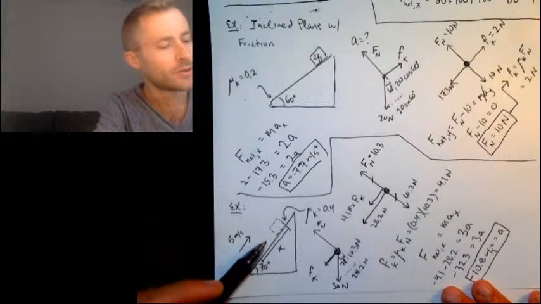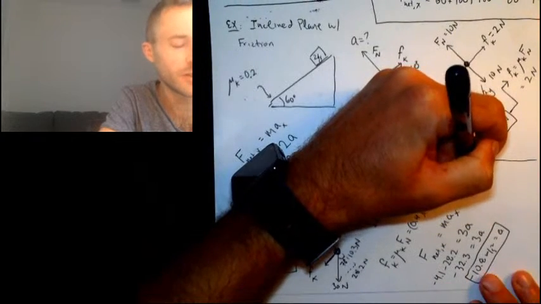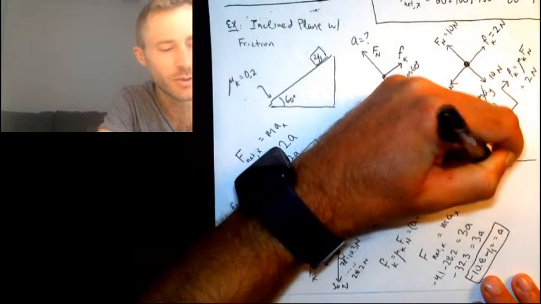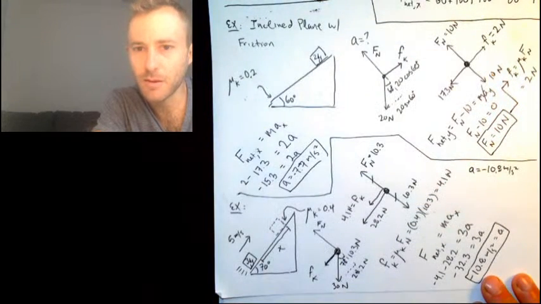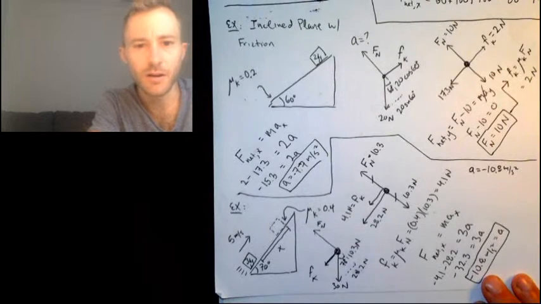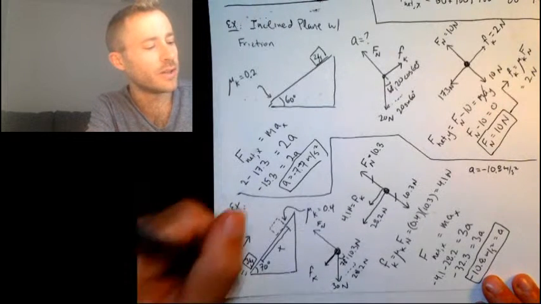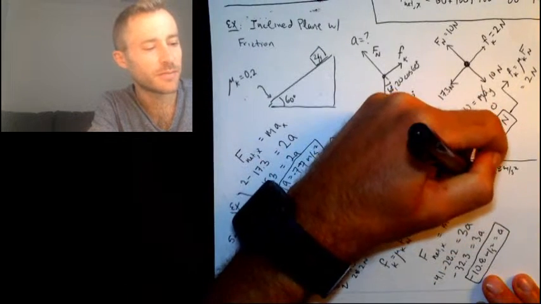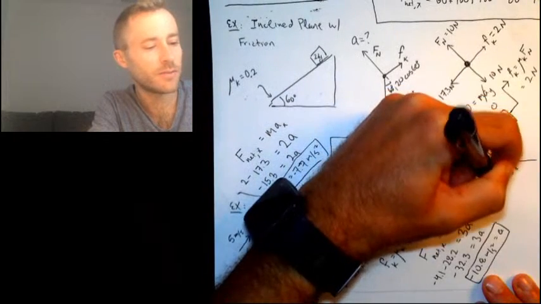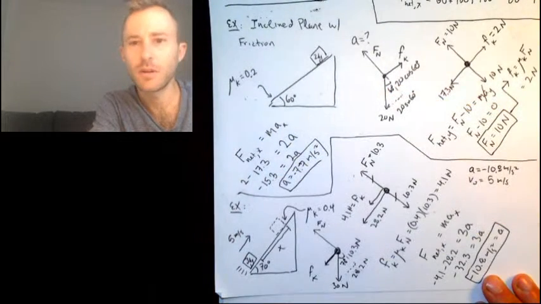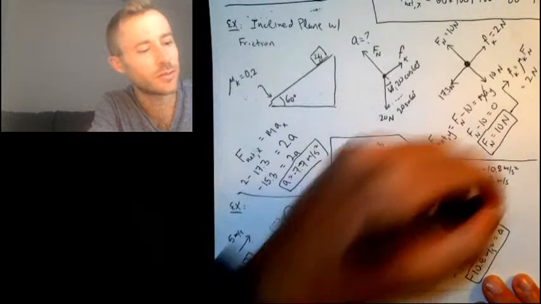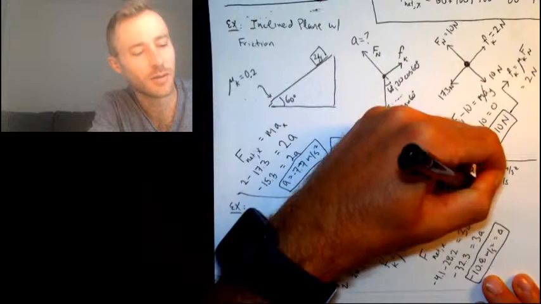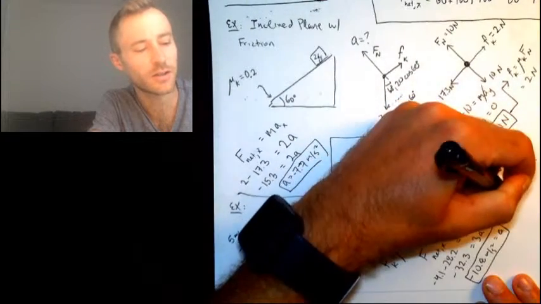So what we have is that the acceleration is minus 10.8 meters per second squared. We know that the initial velocity is 5 meters per second. We know that the final velocity, because it comes to rest at the top, is going to be 0 meters per second.